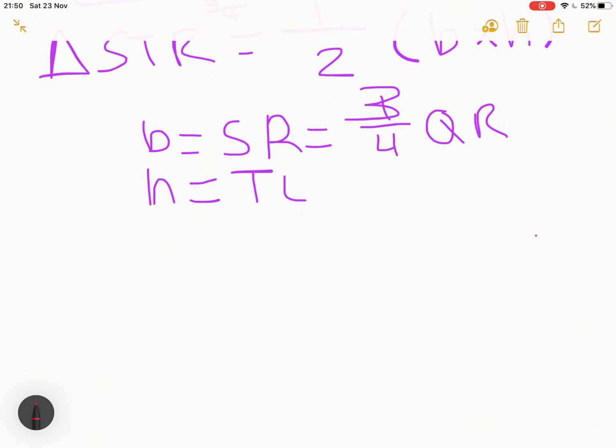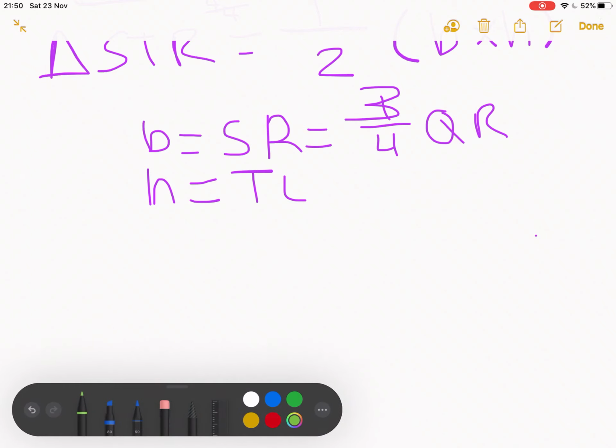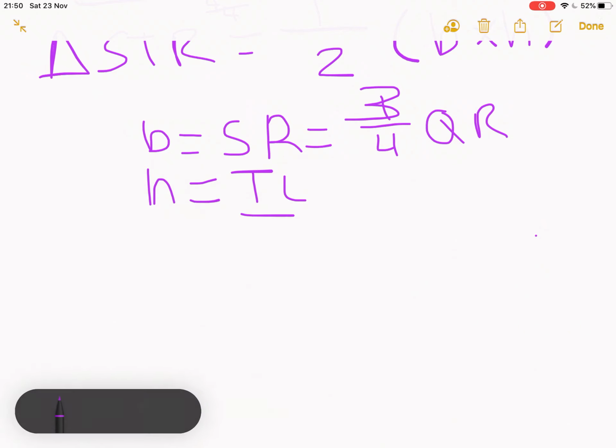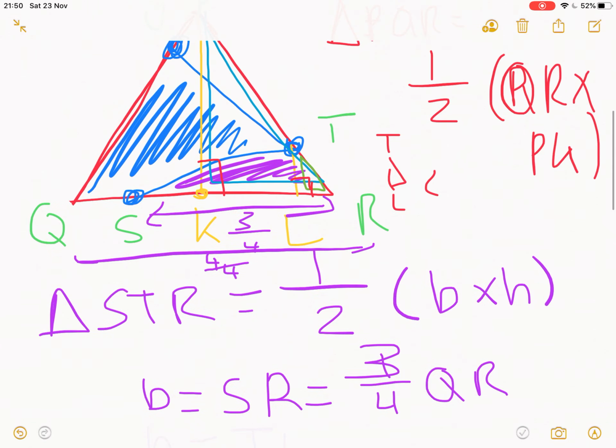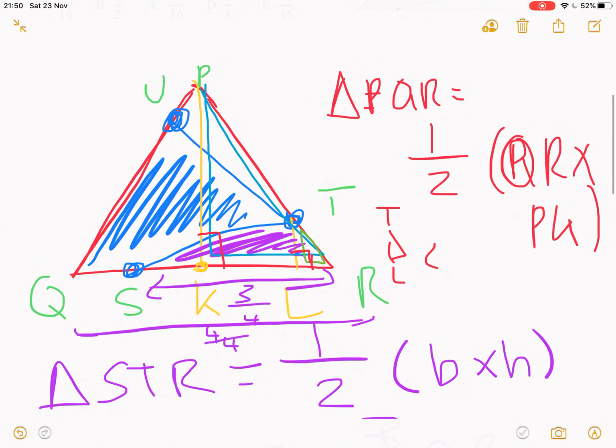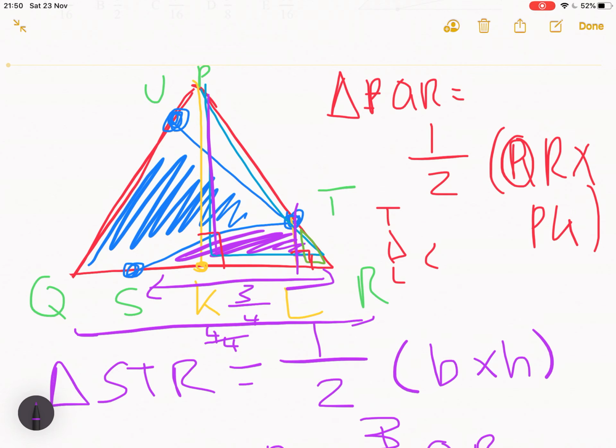Therefore, TL over PK, which is basically their heights, equals the ratio of their hypotenuses, TR and PR.